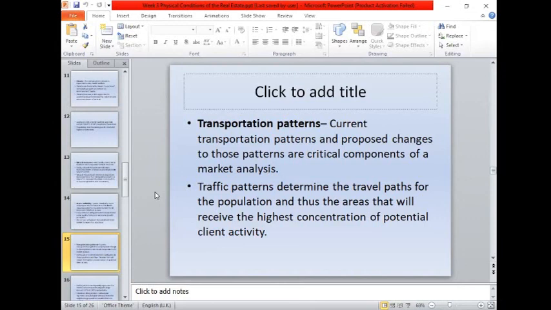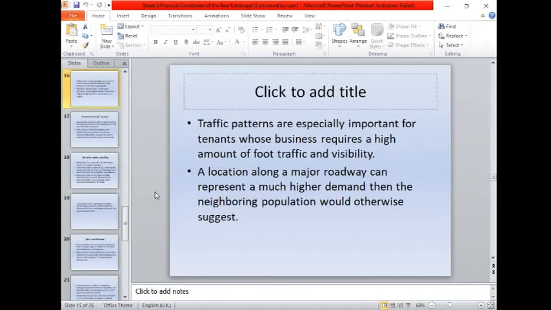You know what? If there is a lot of traffic, because of the city or the urban areas, it can also affect the value of the properties or real estate. But if the transportation patterns are accessible based on the location, then it will also be a good thing for that value.